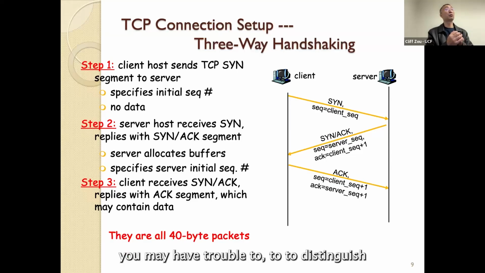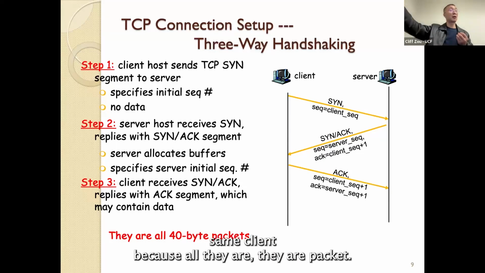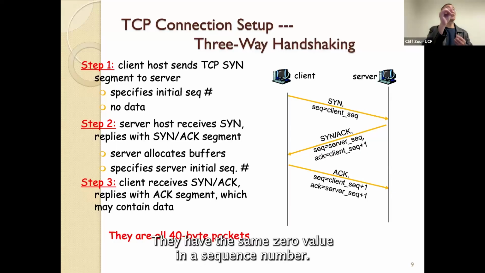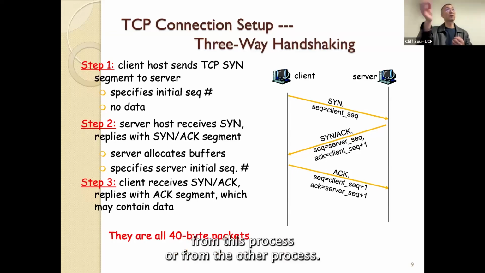You may have trouble distinguishing 2 TCP connections from the same client, because all their packets have the same 0 value in the sequence number. So you will have trouble distinguishing whether this packet is from this process or from that other process.